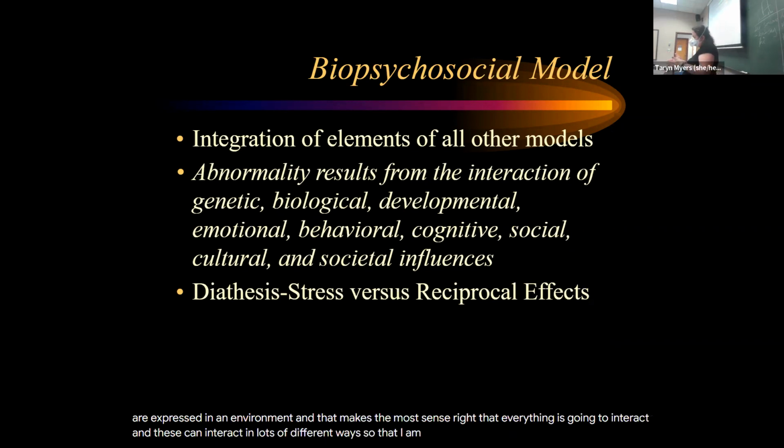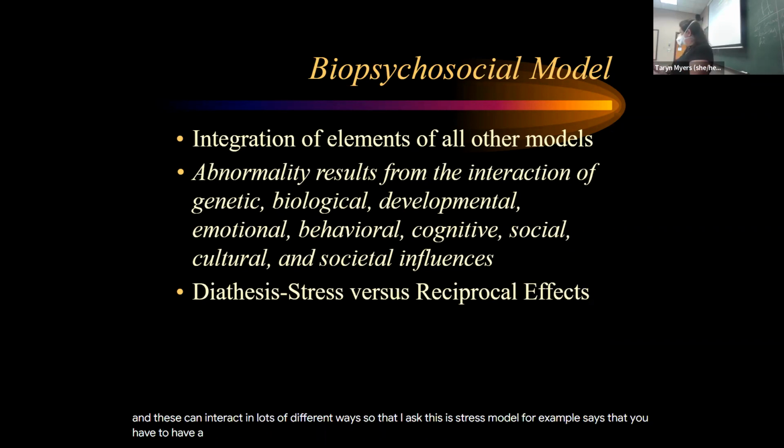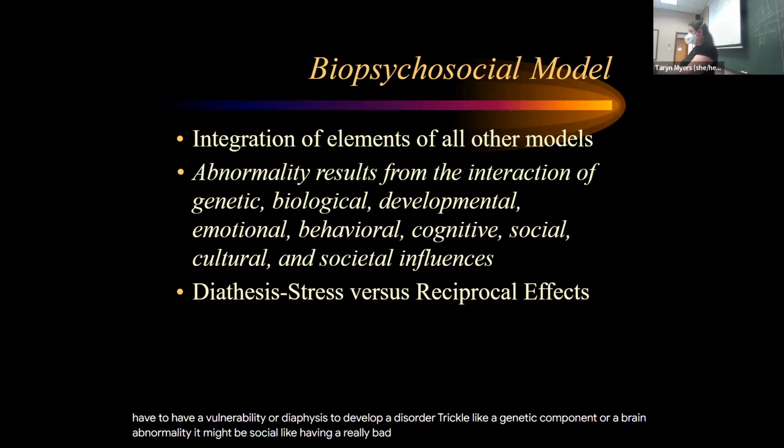The diathesis-stress model, for example, says that you have to have a vulnerability, or diathesis, to develop a disorder. This might be biological, like a genetic component or a brain abnormality. It might be social, like having a really maladaptive upbringing, or psychological, like having destructive or maladaptive cognitions.